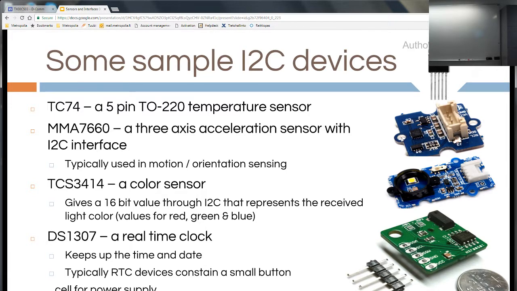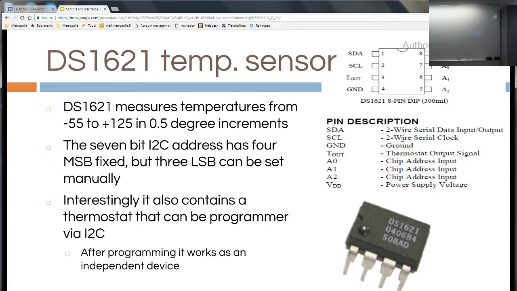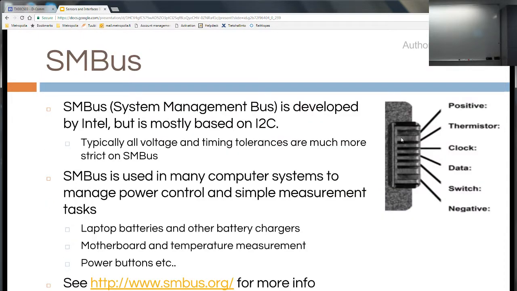Then there are, for example, accelerators, color sensors, real-time clocks. You just imagine a sensor. There is probably also an I2C bus version of it. It's more common than the OneWire interface. But okay, that's what Juho Vesanen used. We don't have those anymore.